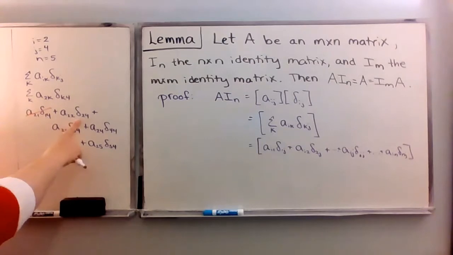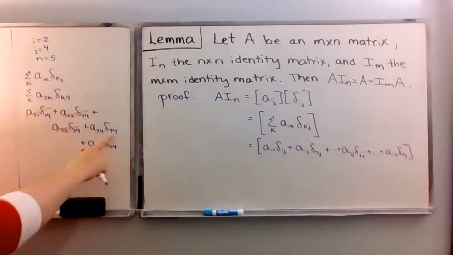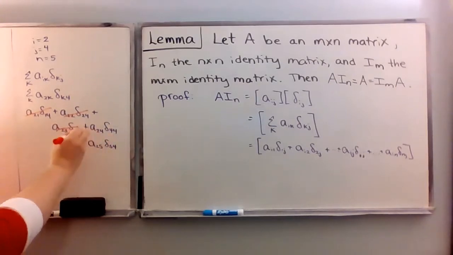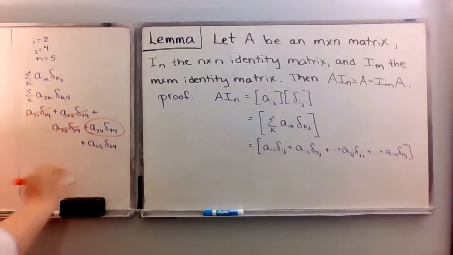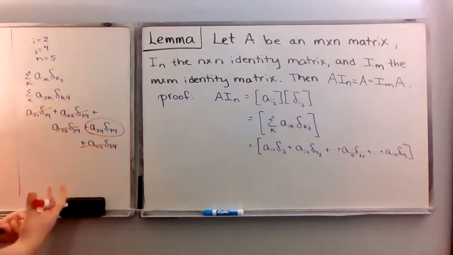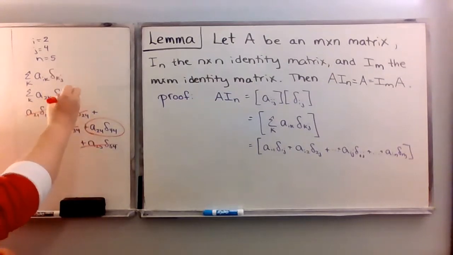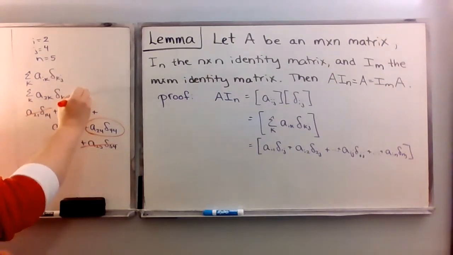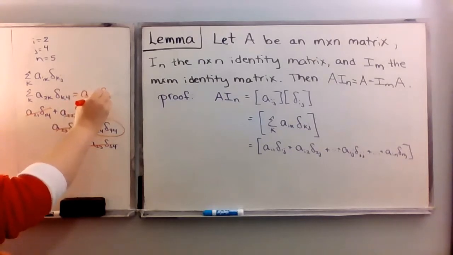So then this piece is also going to be 0 because they're not the same. Same thing here. Here, we're going to get 1, so this piece is going to remain. And then this one is going to be 0, so it goes away. So in the end, this particular sum is going to equal A24 delta 44.